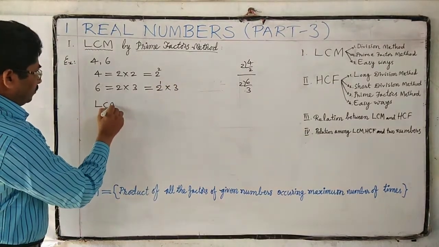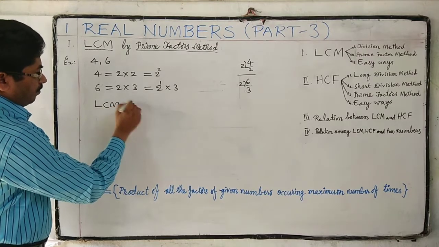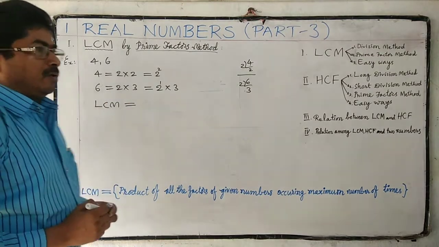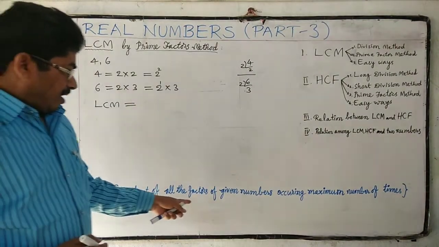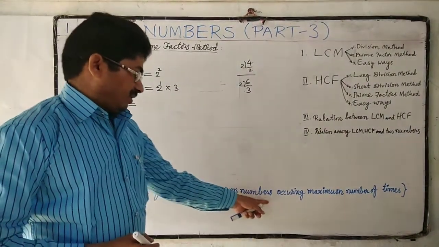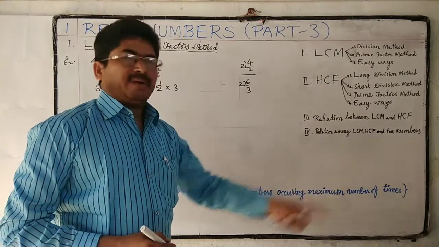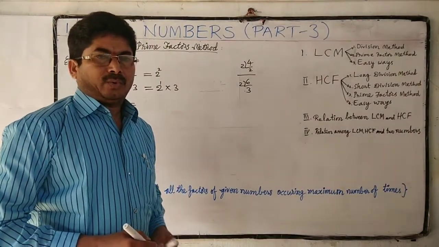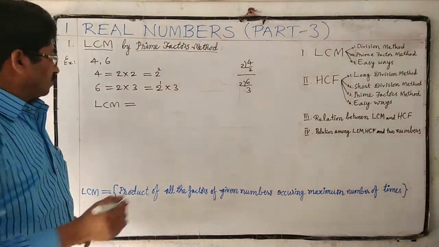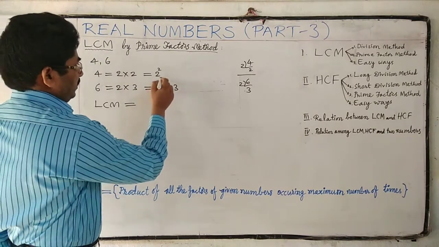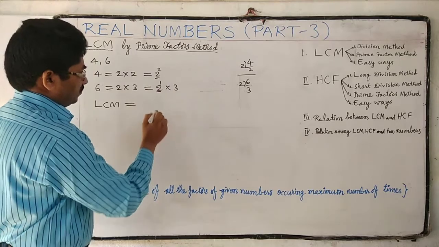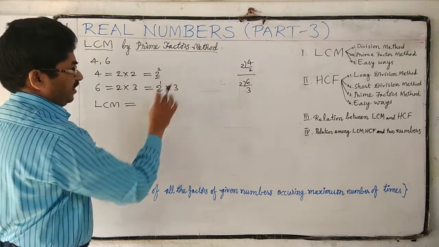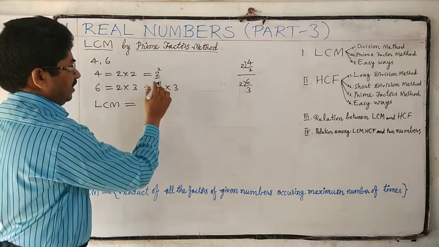LCM of these numbers is the product of all the factors of given numbers occurring maximum number of times. This we have to remember. See in this, these are not common factors, these are all factors.